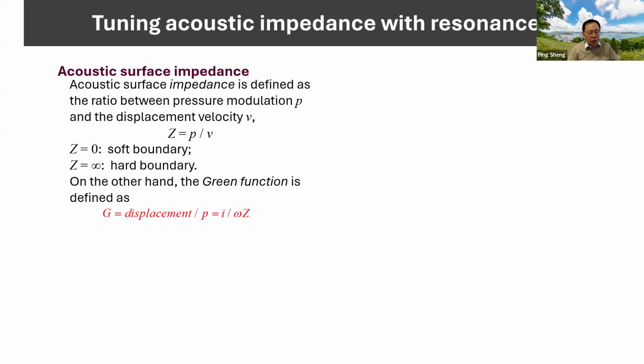So displacement velocity is just simply the displacement times frequency, okay? So with the definition of Z and the Green function, we immediately deduce that G, the Green function, is just the inverse of impedance multiplied by i divided by omega, the angular frequency.